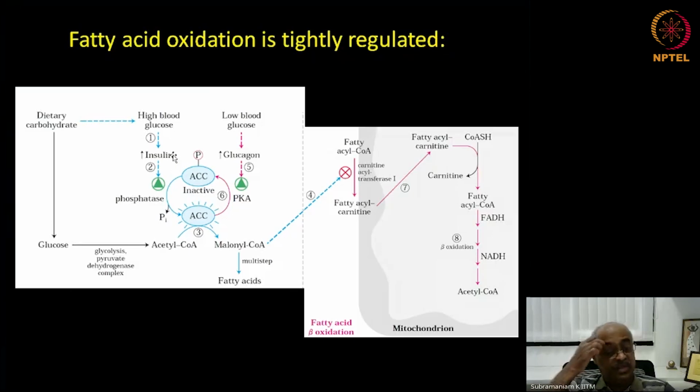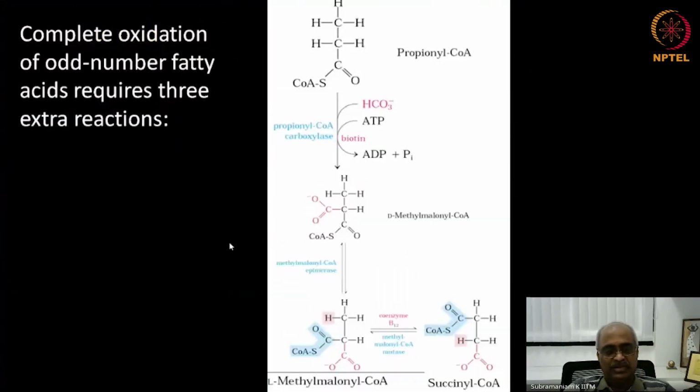And this insulin produced from the pancreas activates a phosphatase which dephosphorylates this enzyme acetyl-CoA carboxylase. We haven't encountered this. Do not worry. We will learn about it tomorrow. So this is the first step in fatty acid biosynthesis. Acetyl-CoA is going to get carboxylated to make malonyl-CoA. Remember, we saw that already. So the malonyl-CoA is right here.